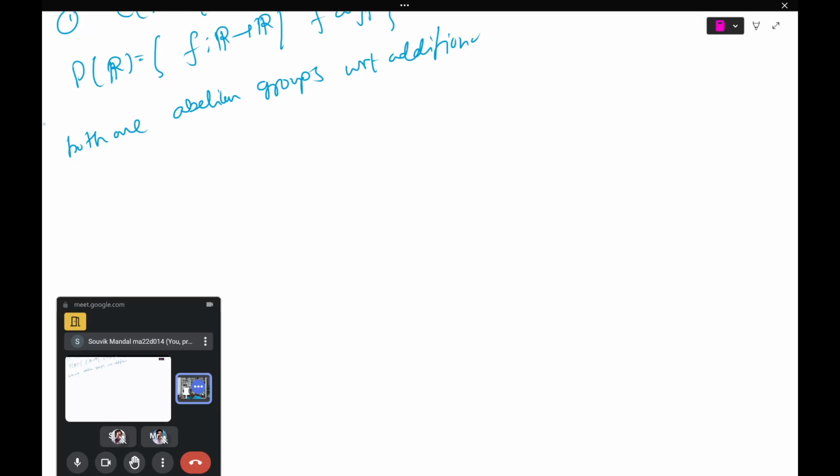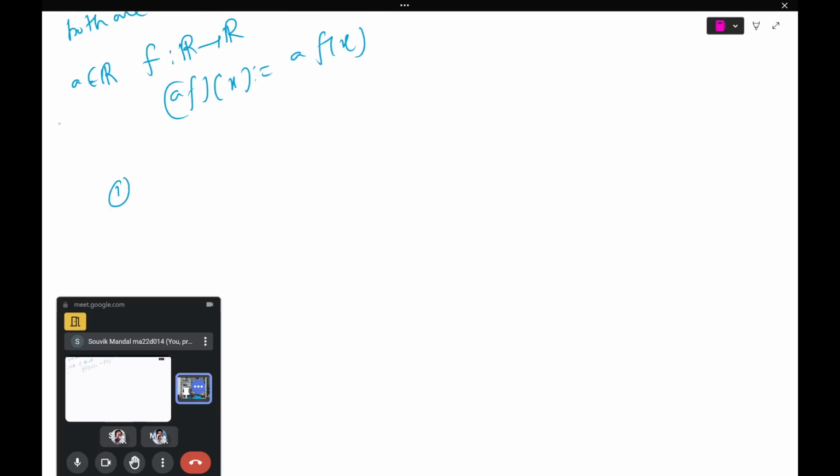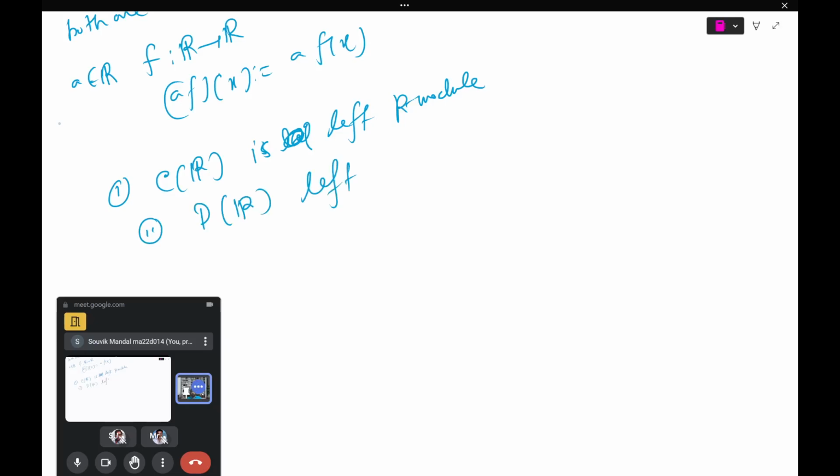Now, for a belonging to R and a function f from R to R, by af we define this a of f. Now the question is, under this multiplication, is CR a left module, and secondly, is DR a left module?